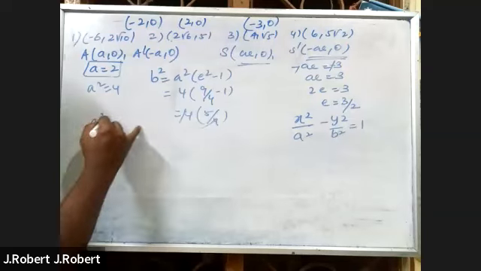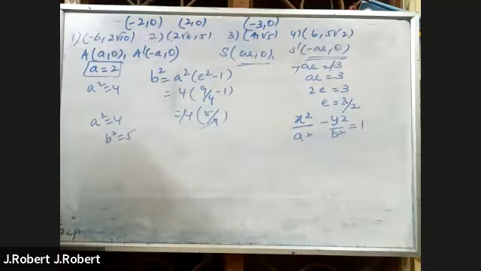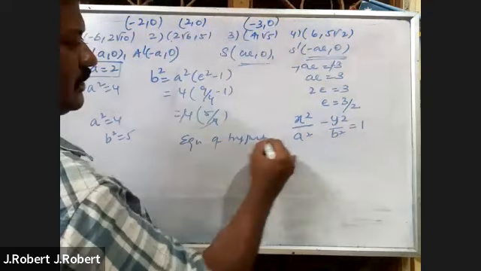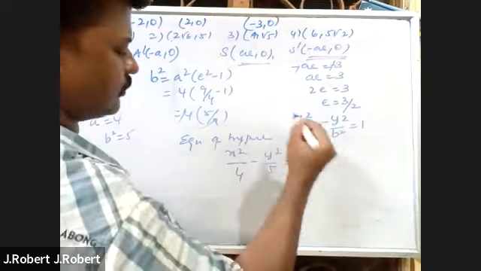We have a squared is equal to 4 and b squared is equal to 5. I can write the equation of the hyperbola as x square by 4 minus y square by 5 equals 1.